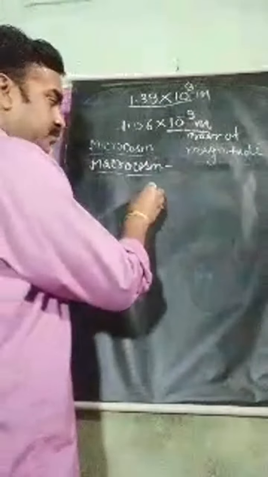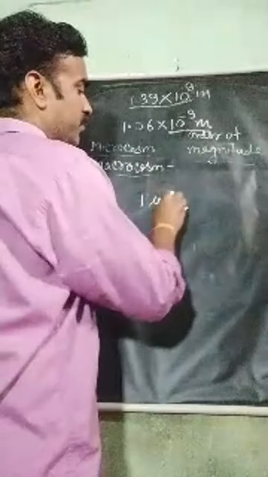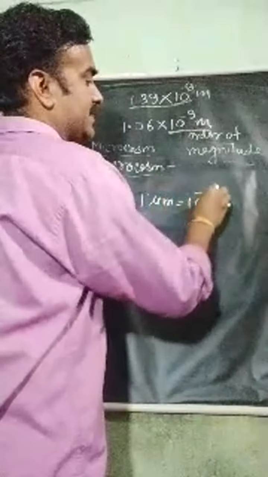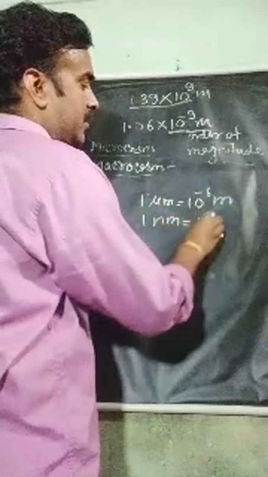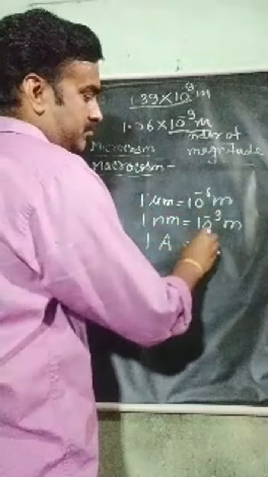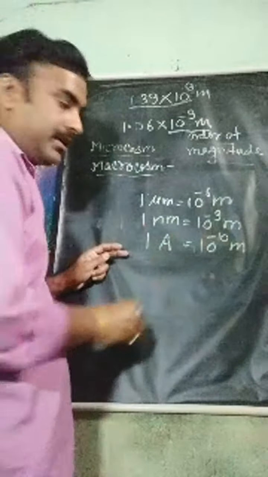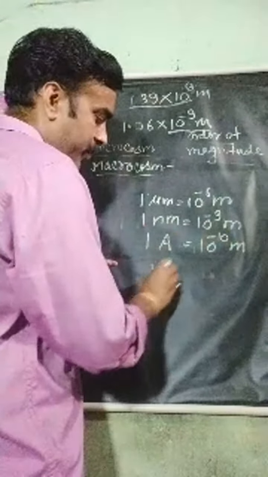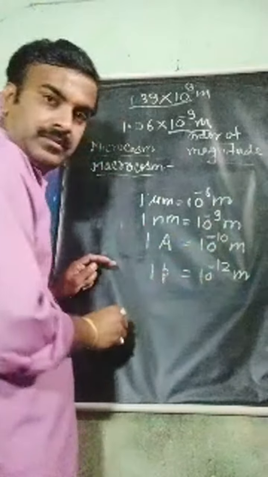I'm just going to take some examples: 1 micrometer, 10 to the power of minus 6 meter. 1 nanometer, 10 to the power of minus 9 meter. 1 angstrom, 10 to the power of minus 10 meter. 1 picometer, 10 to the power of minus 12 meter.